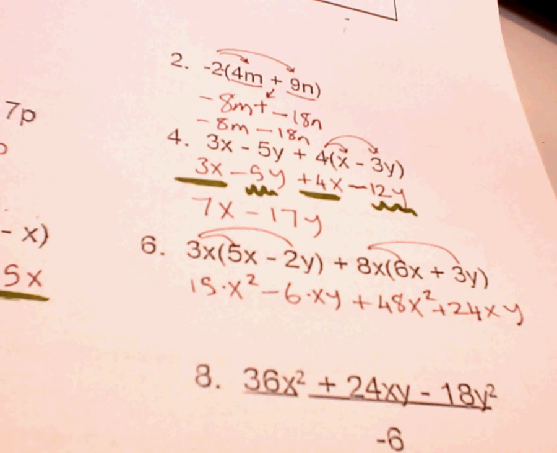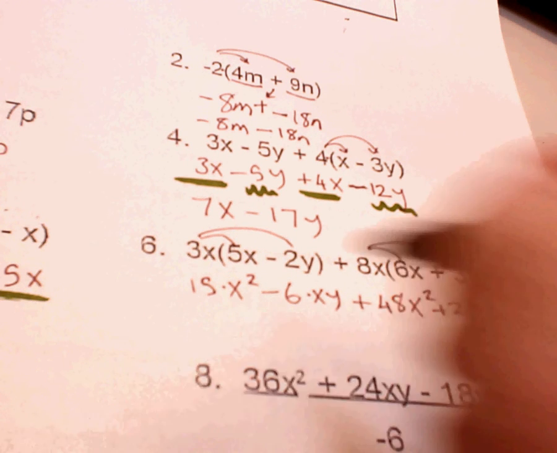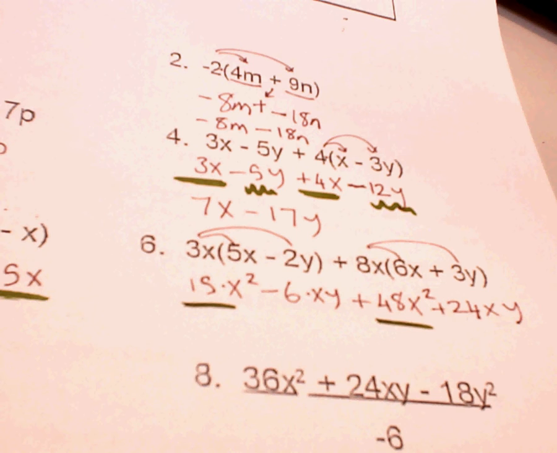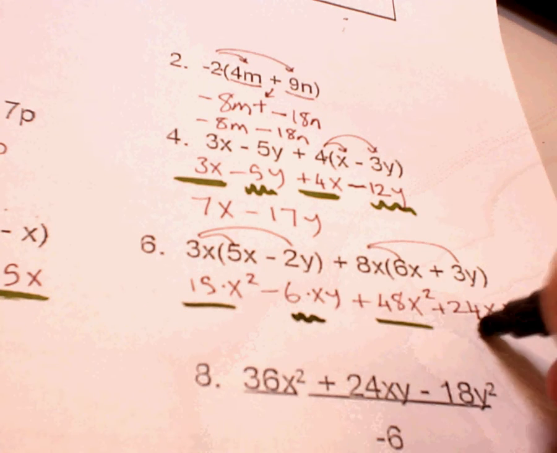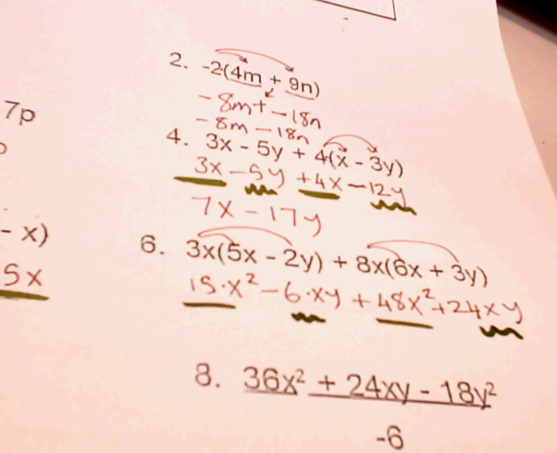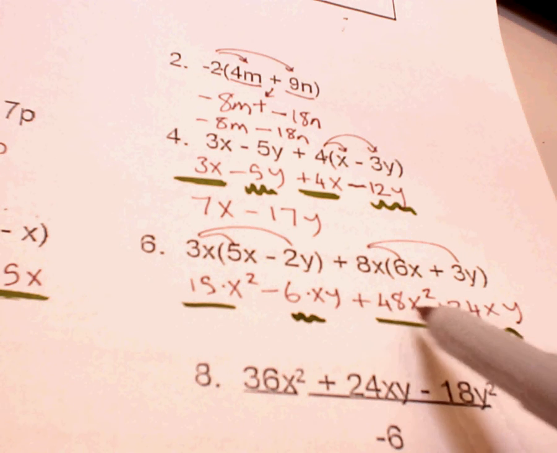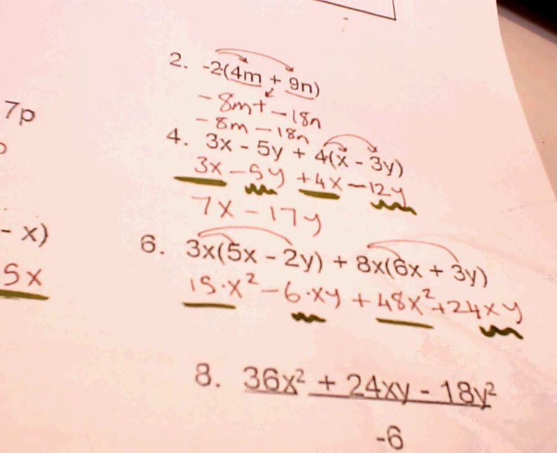Now let's check to see if there are any like terms. X squared and x squared are like terms. Xy and xy are like terms. Like terms must have the exact same variables. 48 and 15, I can add them together.